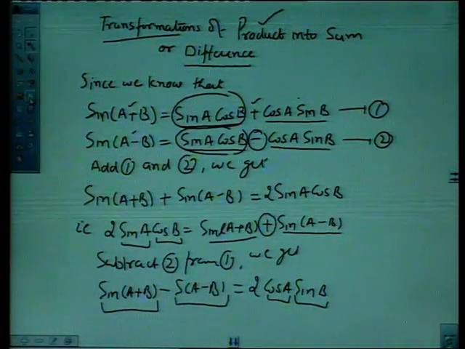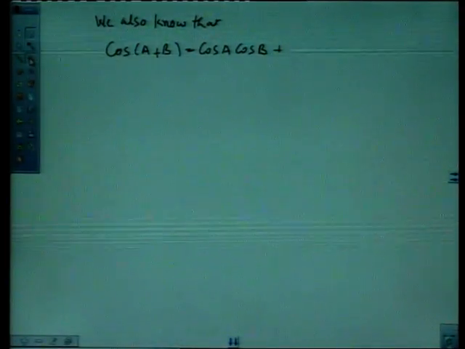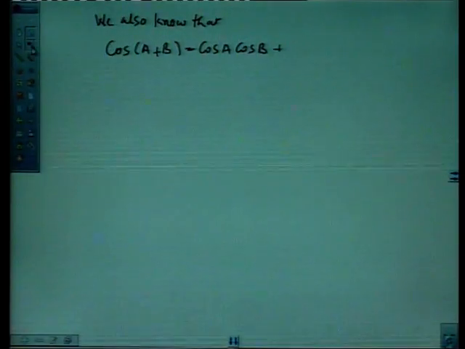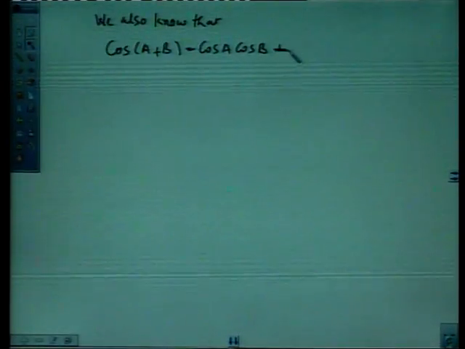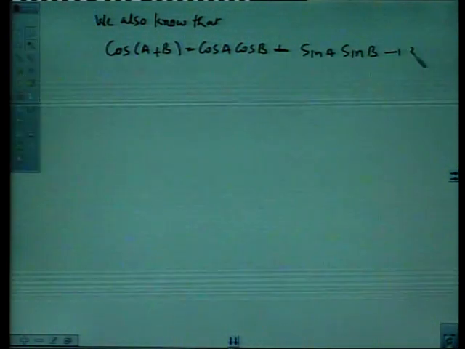So, similarly, we also know the formula for cos A plus B. Cos A plus B is cos A cos B minus sin A sin B, call this equation number third.